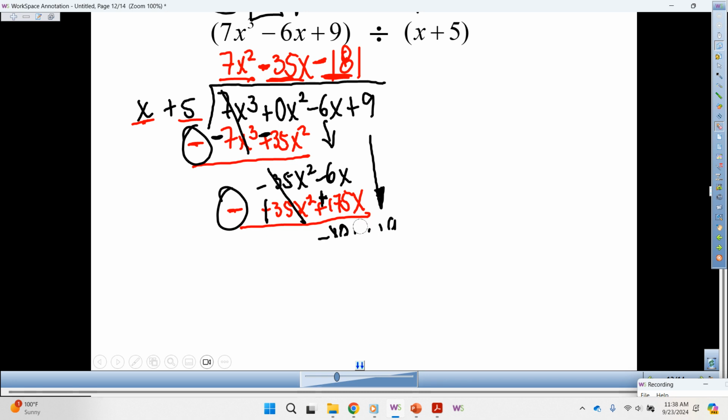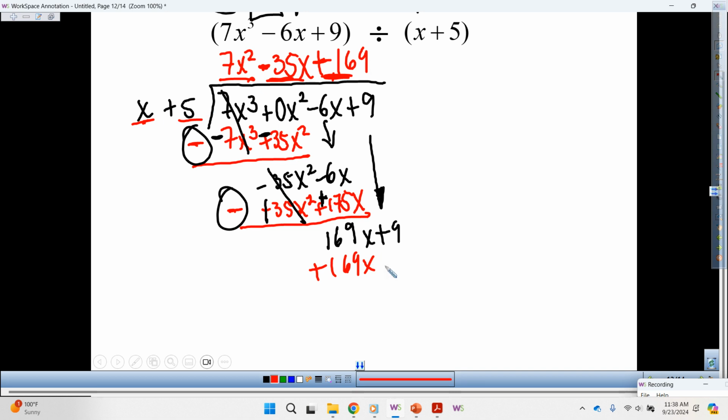So then this becomes 169. Yes? Sorry, I saw the negative before that. Bring down the 9. So that means it's going to change the last one. This becomes positive 169.